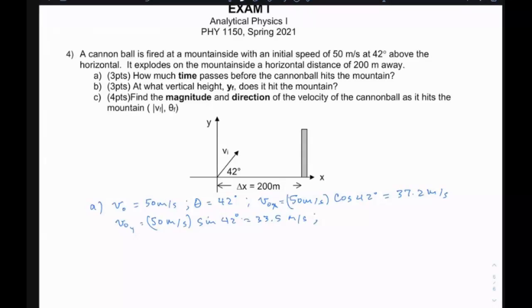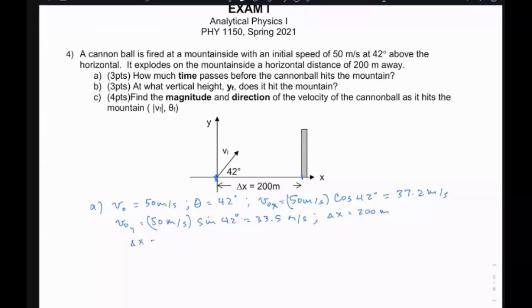We also know what the horizontal distance is. Delta x is equal to 200 meters. And we want to find the time it takes to go from x equal to 0 to x equal to 200. And we have our equation for the motion in the x direction.